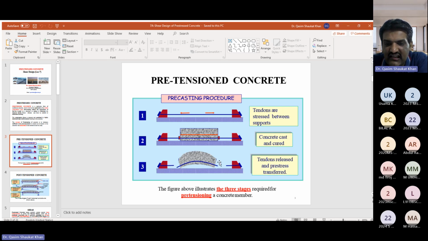The prestress is transferred to the concrete, which results in the negative hog in the prestressed beam.